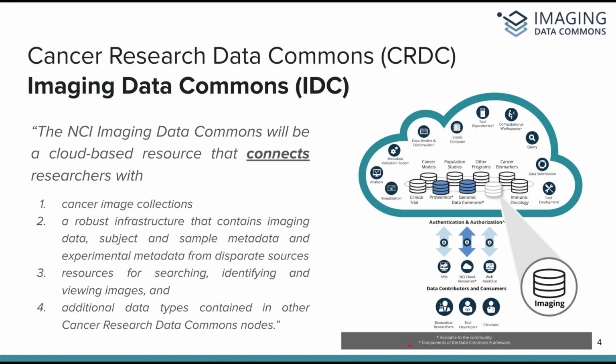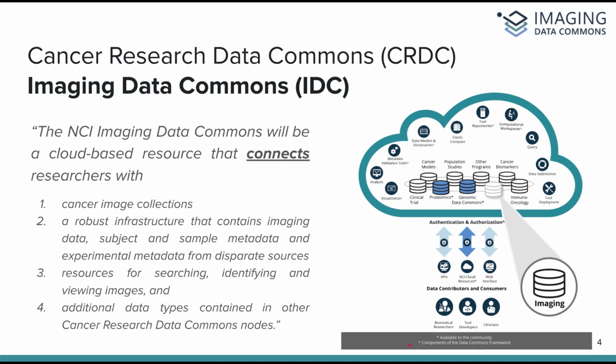The goal of Imaging Data Commons is to meet the needs of cancer imaging researchers in connecting researchers with the cancer imaging collections, as well as robust infrastructure that allows them to explore, identify relevant data, visualize relevant data, and collocate that data with the computational capabilities that will allow them to analyze it.